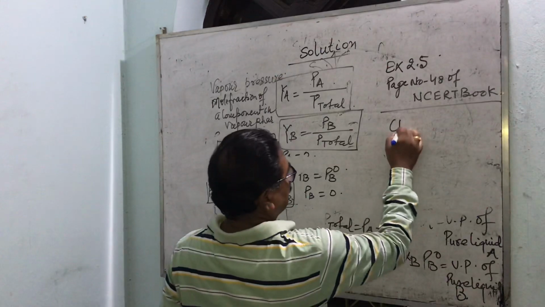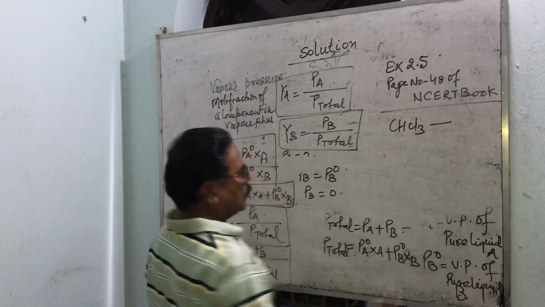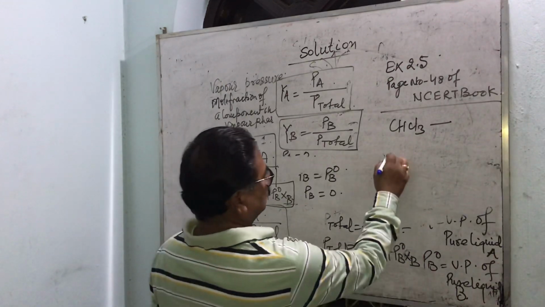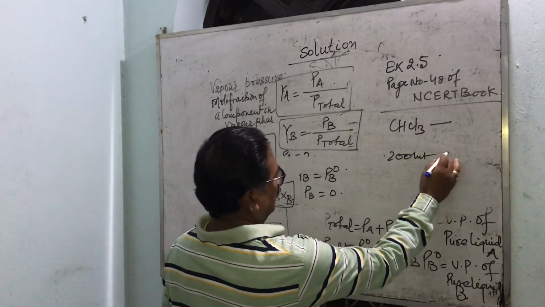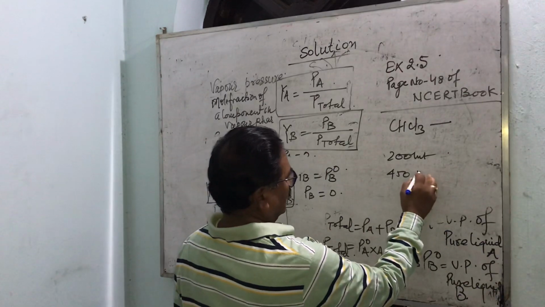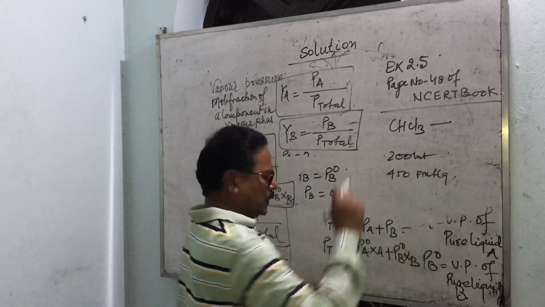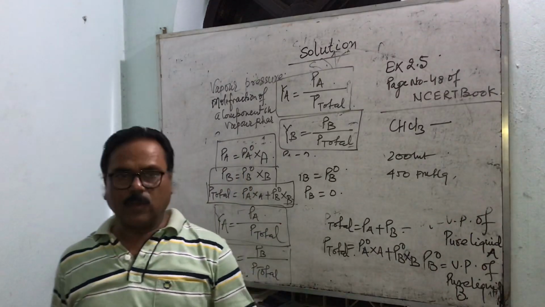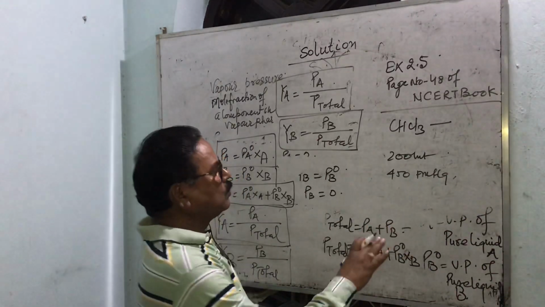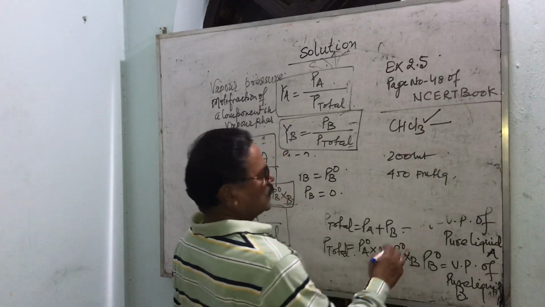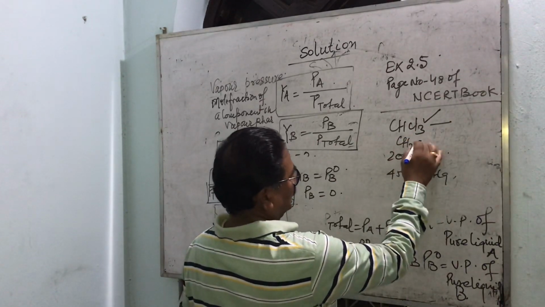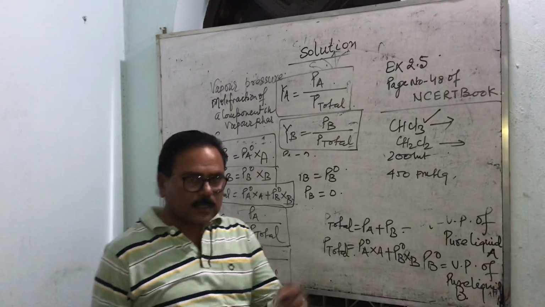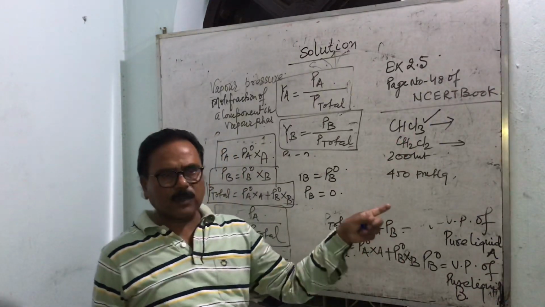The problem is the vapor pressure of chloroform and dichloromethane, which is given as 200 mmHg and 450 mmHg. This is the unit; always write it with a unit. Calculate the vapor pressure of the solution obtained by mixing the given amounts of chloroform and dichloromethane. Calculate the total vapor pressure of the solution.